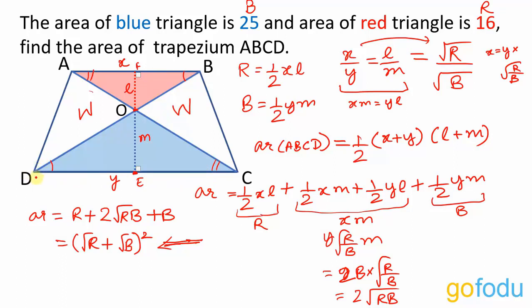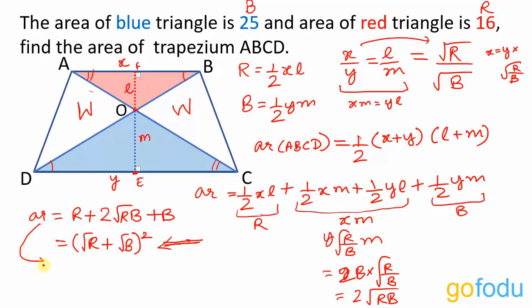And in both triangles, triangle DOC is common. This blue part is common in both DAC and DBC. So if I remove this blue part from both triangles, I'll get this white part equal for both. If this part is W, the area of this part will also be W.